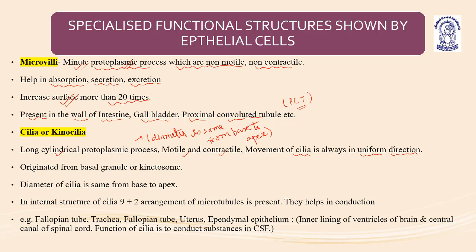So cilia or kinocilia are long cylindrical protoplasmic processes. The diameter is the same from base to apex. They are motile and contractile, and the ciliary movement happens in only one uniform direction. Cilia originate from the basal granules, or kinetosome.